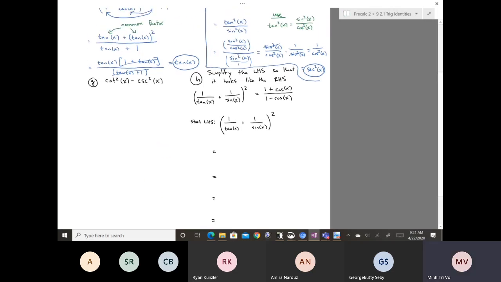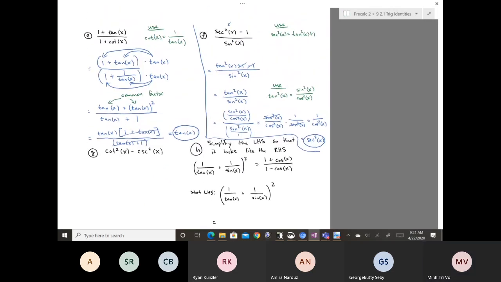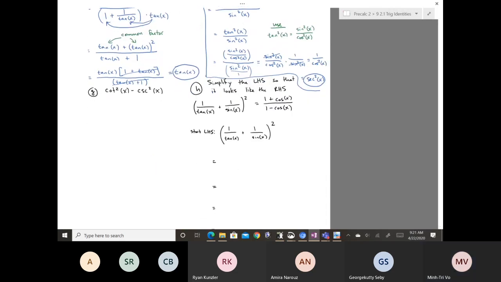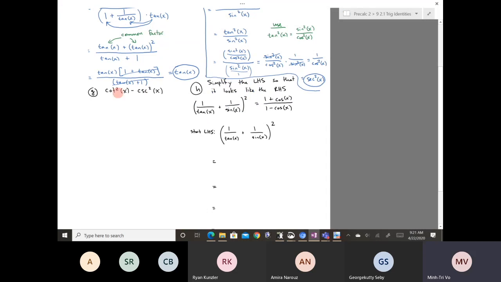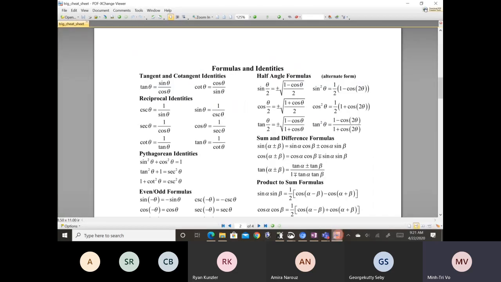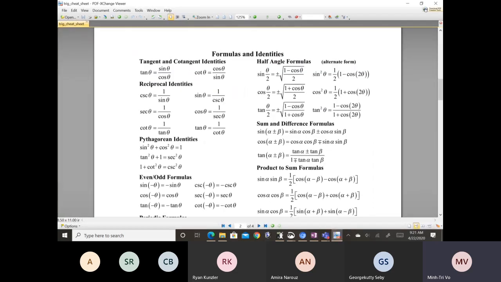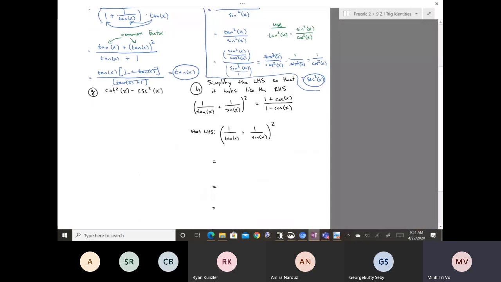Okay, so let's finish up the last two examples. So here I have cotangent and cosecant, but squared. So cotangent squared and cosecant squared. So there's this last identity: 1 plus cotangent squared is equal to cosecant squared. So let's use that.